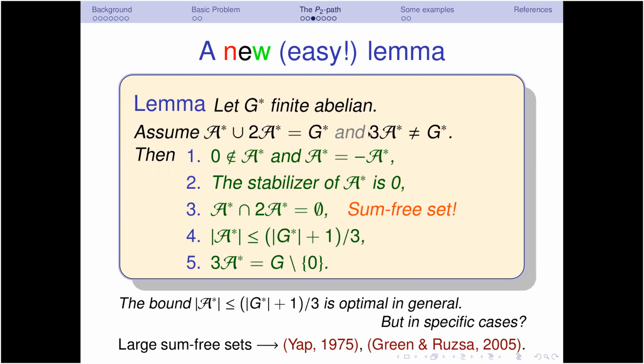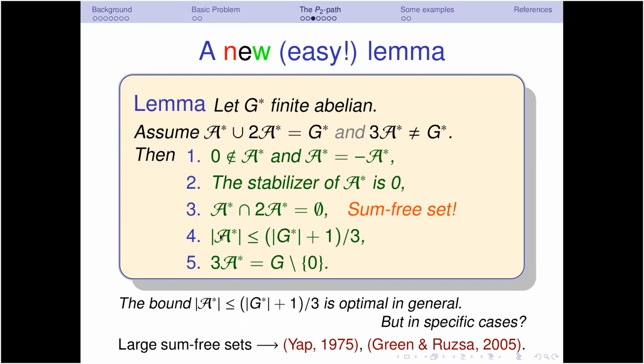The situation is rather rigid, so you can say that the stabilizer of A star is 0. I mean, here we assume that the stabilizer of 2A star is trivial. There's no stabilizer. And then you discover that A star is in fact sum free. So A star union 2A star is G star, and A star has no intersection with 2A star.